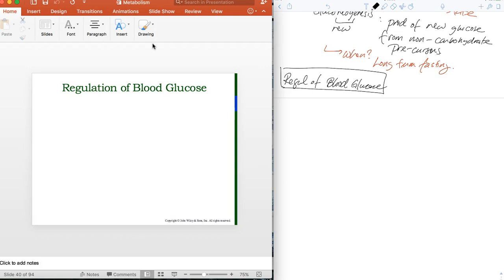But basically, when you are in a fed state, typically blood glucose is high. That will stimulate the beta cells of your pancreatic islets. It's really islets. The beta cells will release insulin.